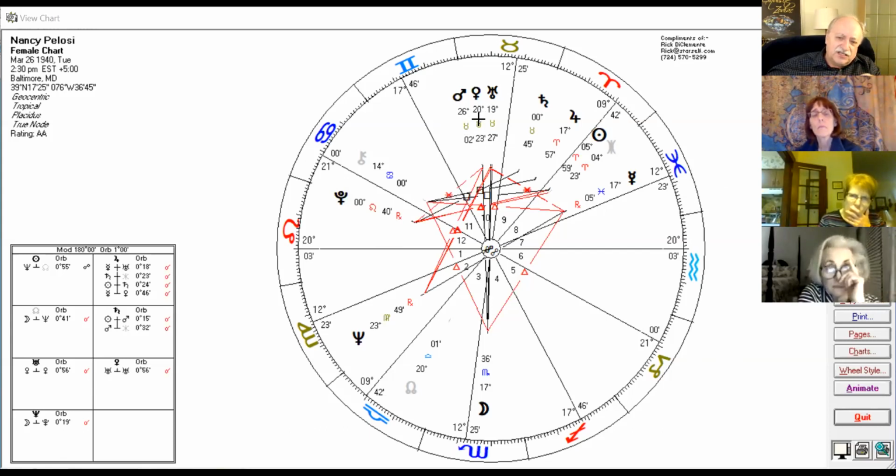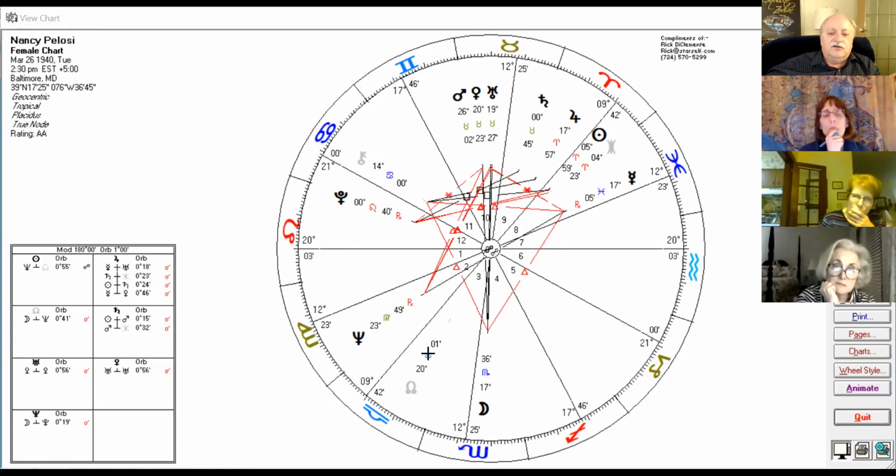Venus, Mars are 6 degrees apart. The whole thing is 7 degrees apart. I use about 9 degrees for my allowances. This is a powerhouse. And this is in the 10th house, a cardinal house. The stuff in this area is very public. The stuff here is very non-public, very hidden.